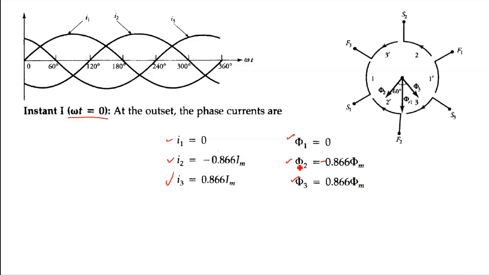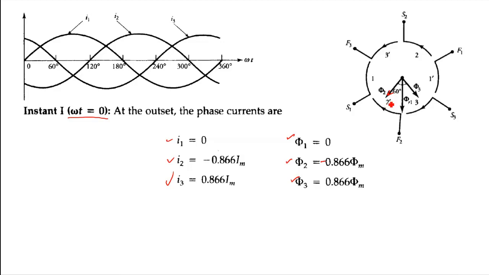Now let us plot this flux in the windings. We know phi 1 is 0, therefore phi 1 is not mentioned here. Now if I plot phi 2, corresponding to I2 it will be exactly opposite. So your phi 2, if it were positive, should be in this direction, but as it is negative, I am plotting it in this direction, from 2 to 2 dash.